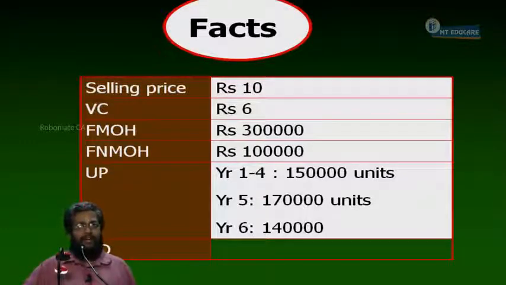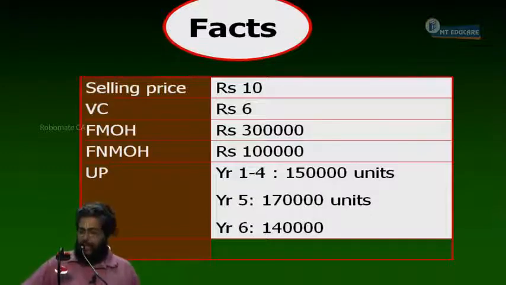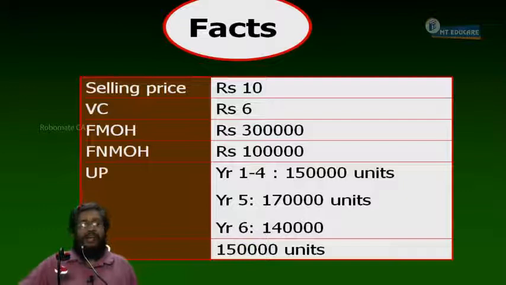How much is the normal capacity? 1,50,000 units. I may produce 1,70,000, I may produce 1,40,000, but I always absorb for how many units? 1,50,000 units as the absorption rate, denominator level units. UP means units produced, and UD means denominator level units. And variable manufacturing cost has been given.